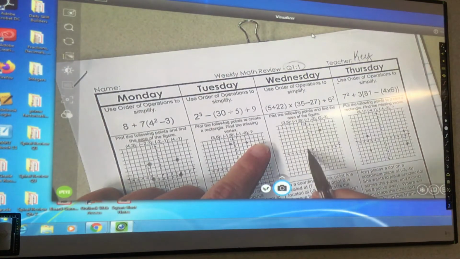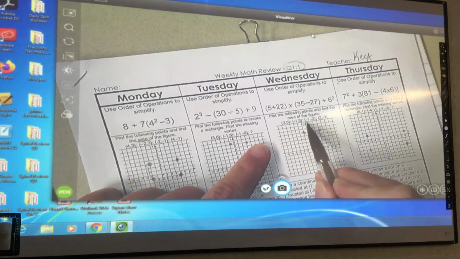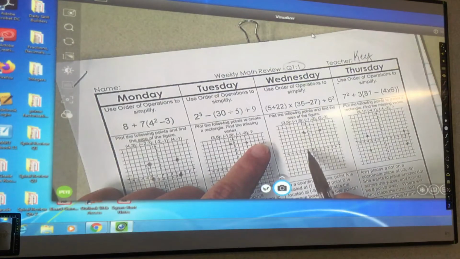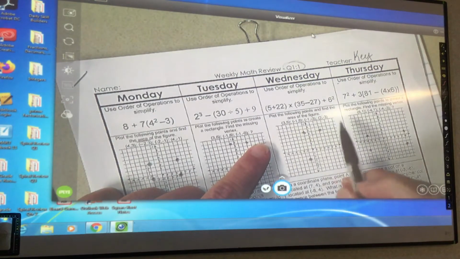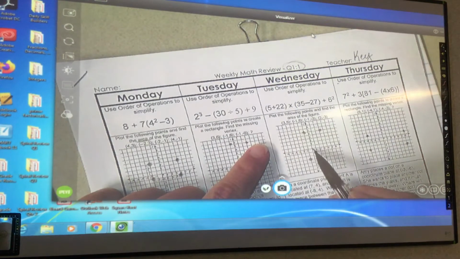So I go to the left to the negative 1, and I go up to 5. Negative 1, negative 3. So I go left to the negative 1, down 1, 2, 3. Here's my negative 3. Then I go 3, negative 3. So I go to the right, 1, 2, 3, then down 1, 2, 3.